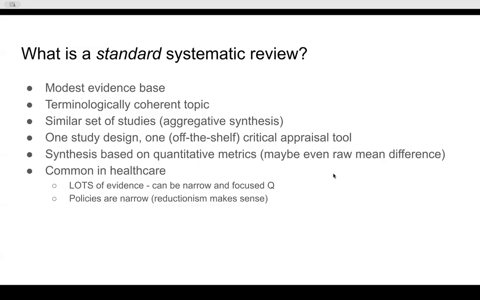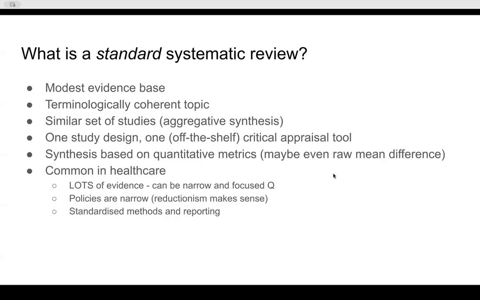Because of the way that information feeds through guidelines into practice, policies are made at a very narrow field of scope. So reductionism in complexity makes sense, because you can ask a question about a very specific population, a single outcome, a specific comparator, and a single intervention, and still get enough studies to aggregate them and find an effect that makes a decision about the use of that intervention helpful.